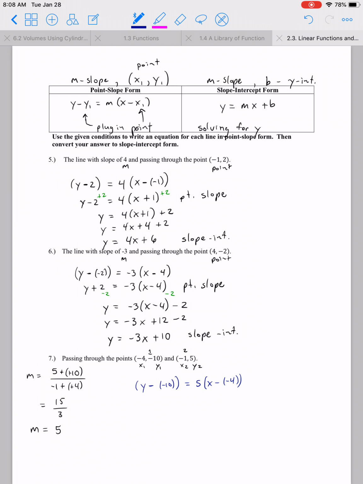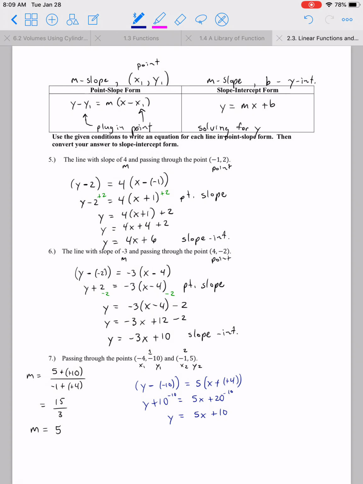And so this will become y plus 10, and then x is going to be a plus 4, and I'm going to go ahead and distribute here. So it'll be 5x, and then here I have a plus 4, so it'll be plus 20. And then I just need to subtract 10 from both sides, and I'll get y equals 5x, 20 minus 10 is 10.